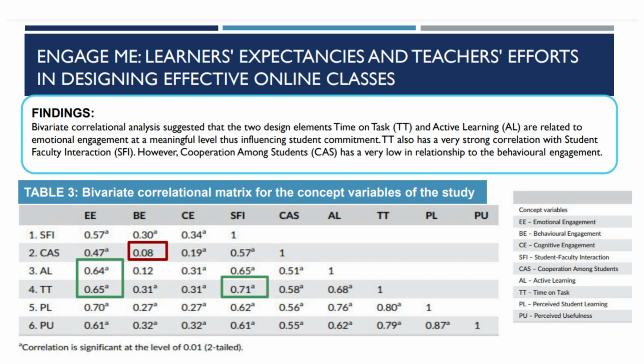Students really don't like group work or collaborating with their peers. So the results of this research show that online design elements must assist and motivate learners' efforts towards efficiency, which is the TT. So technology can make a positive difference in the teaching and learning environment for both students and lecturers.